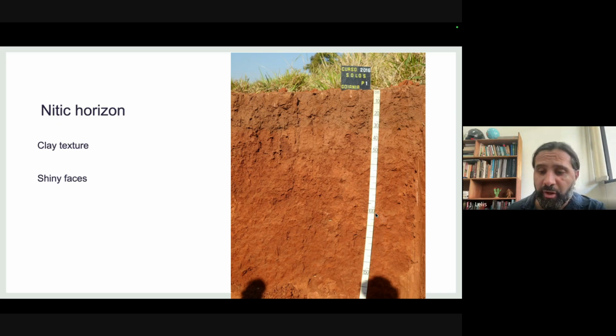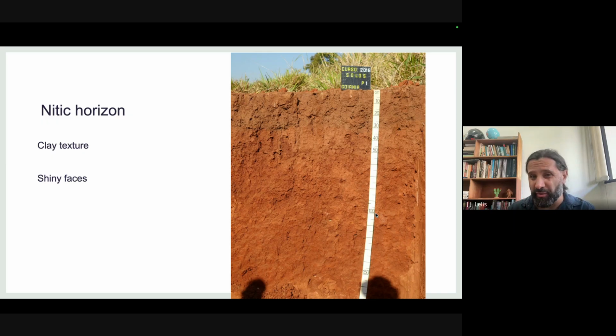A lot of people talk about the formation of these Nitic horizons, and one hypothesis is that the Nitic horizon registers low activity clays, but because of the high content of clay, it will have some shrinking and swelling processes that could orient some clays at the surface of these aggregates or peds.